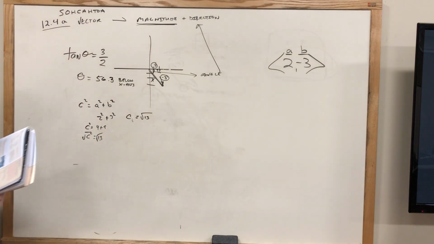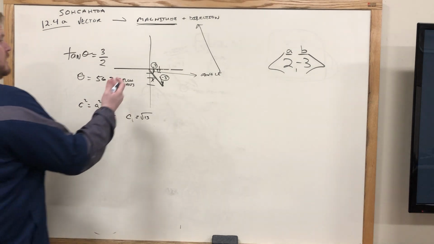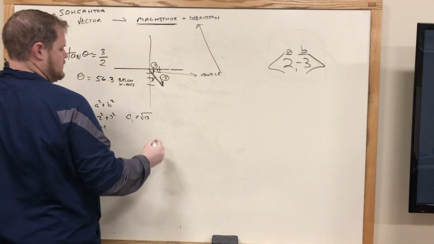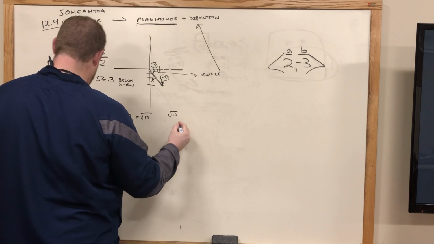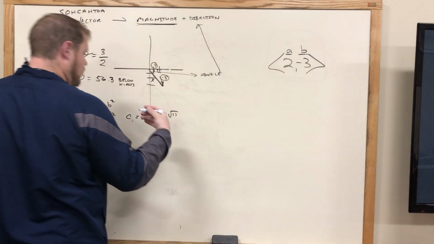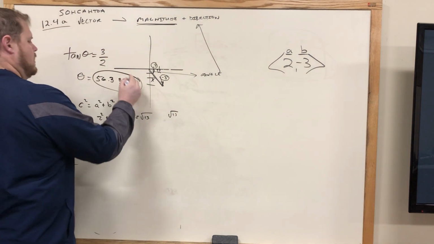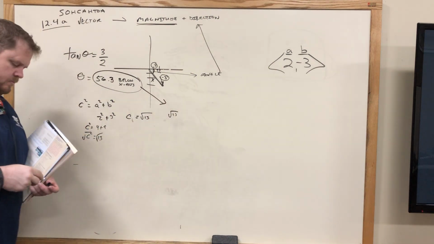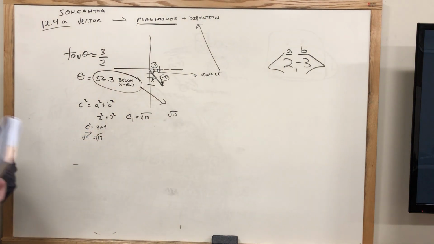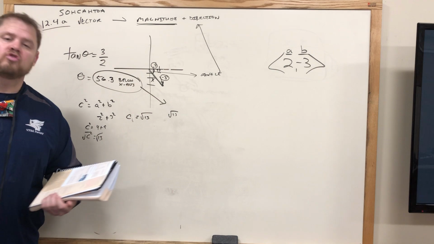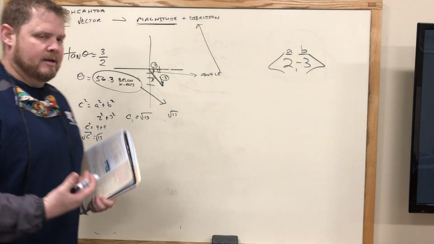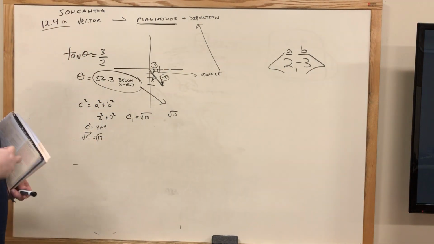So, in this case, my magnitude of this vector is the square root of 13, and which way is it going? 56.3 degrees below the x-axis. All right, so let's try another one. Is everybody following how we did this? Okay, and you're going to do this every single time.